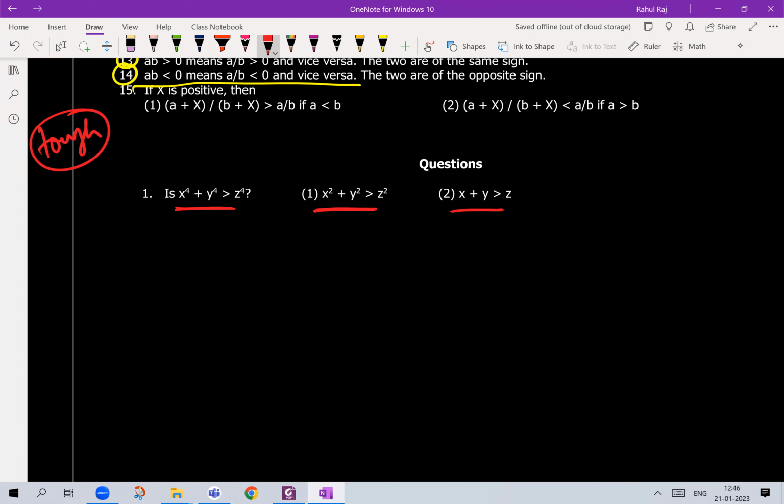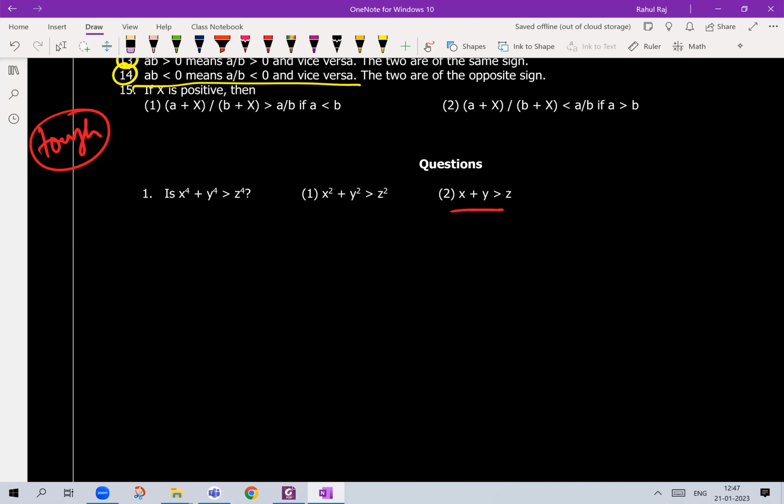Statement 1 says x^2 + y^2 is greater than z^2. Statement 2 says x + y is greater than z. These are the two pieces of information. But when I look into the question, it's pretty direct. I see there are 3 variables involved and I don't see any relation between any of the variables. It means it is a tough question for sure.